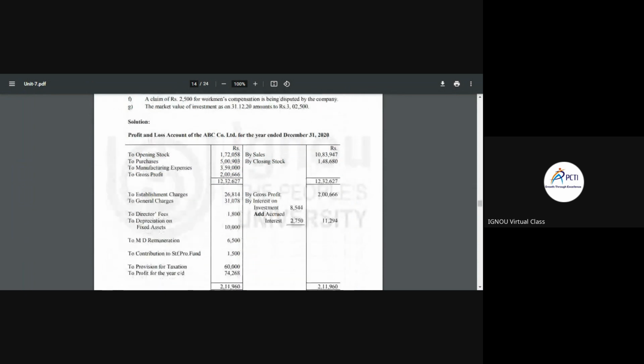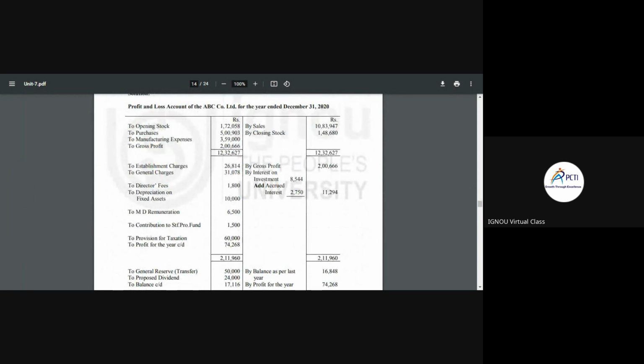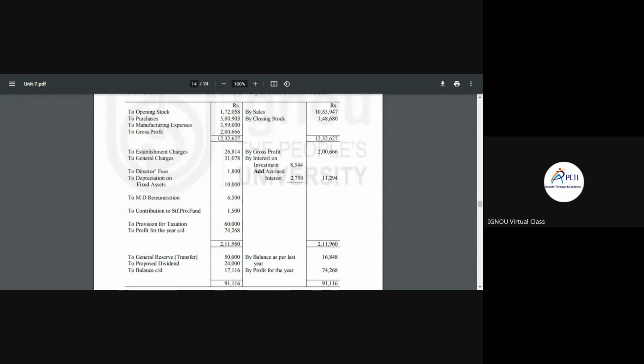So first of all, we need to make a P&L account. For the P&L account, first we check the debit side. We need to have the opening stock, then we add purchases.